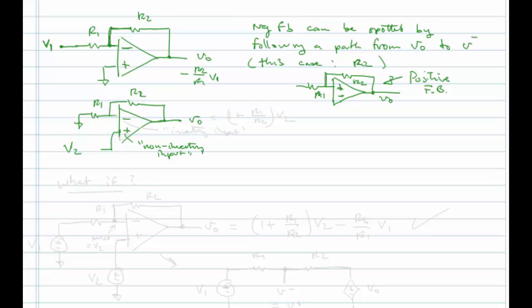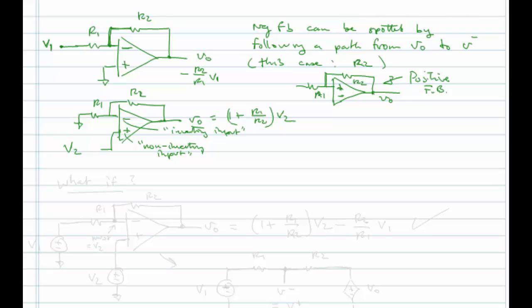That's just a fancy word for the V plus, the positive input. This is the inverting input. That just means the V minus. We found that VO in this case was equal to 1 plus R1 over R2 times V2.